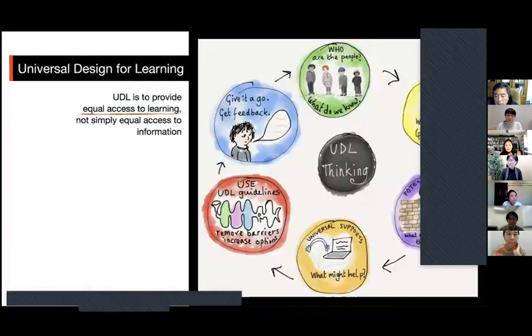UDL is to provide equal access to learning. It's not just giving them the same information or same knowledge or having them in the same environment. It's giving them access according to their own needs. What I found very important and interesting is that curriculum development itself starts with understanding the students. It's not about what should I teach, it's more about who is being taught.